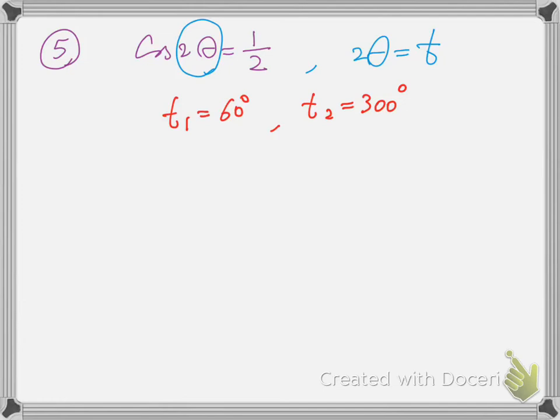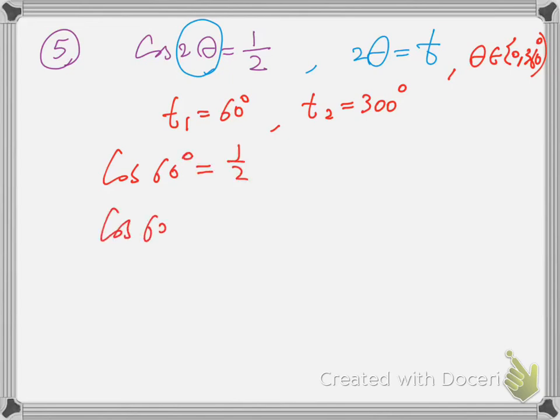So to find all the solutions between 0 and 360, we have to make a new type of solution. We know cosine is a periodic function, so cosine of 60 is 1 over 2. And cosine of 60 degrees plus 360 has the same terminal side, so this is also 1 over 2.